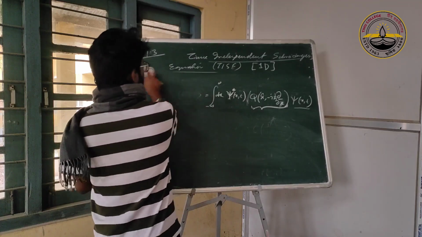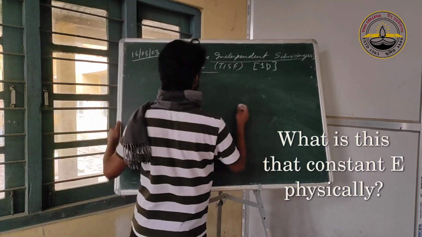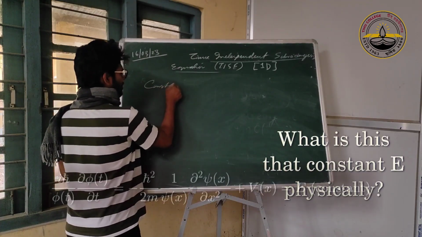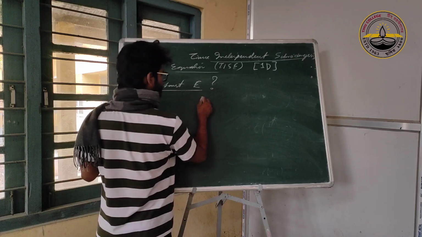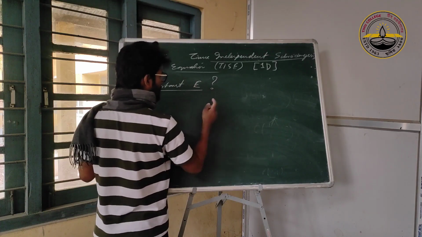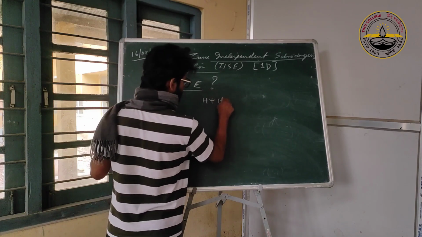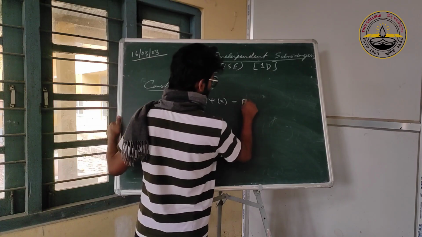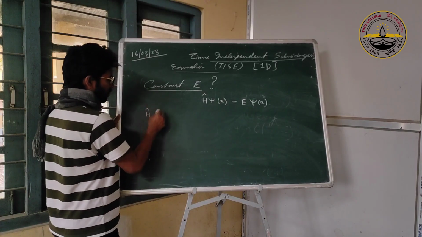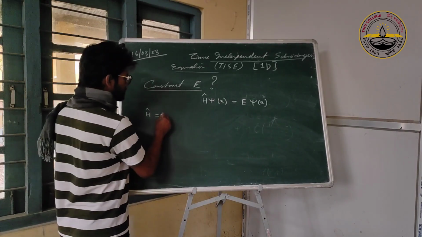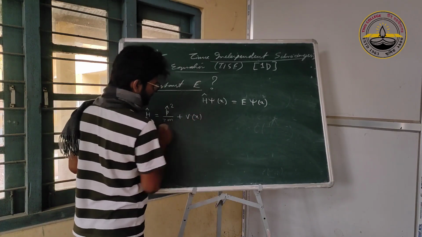Okay. Now we are going to talk about what that E was. That constant E, remember? For that we need the equation. So the time-independent Schrodinger equation, remember, was this. I said H psi equal to E psi, just the X part, where H was the Hamiltonian operator, P operator squared over 2m plus V of X. Right?